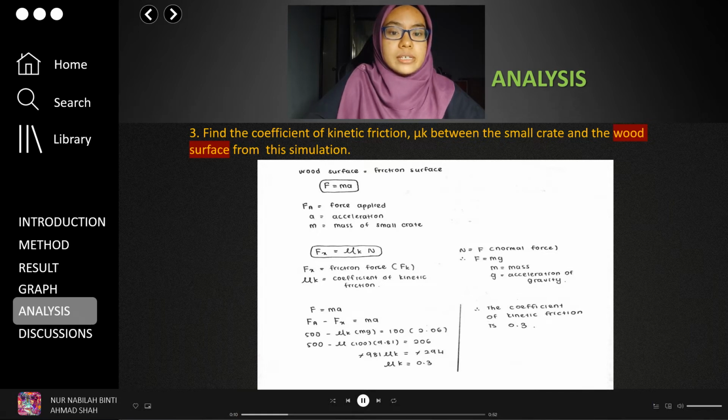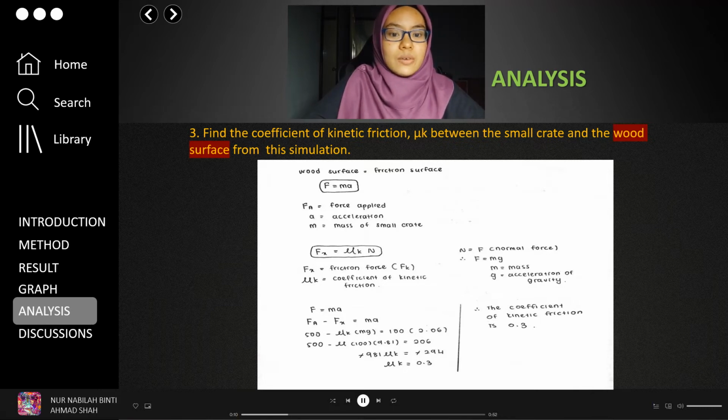If we expand this formula, it will be F equals Fa minus Fk. Fa stands for the force applied, while Fk is the friction force, and it can be labelled as Fx also.